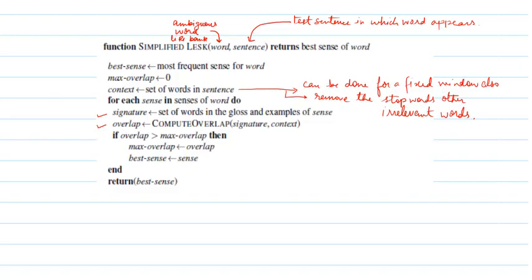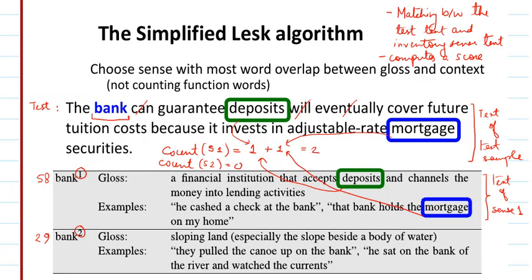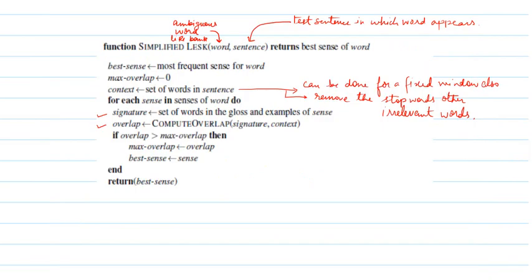So the signature of bank for sense 1 is the set of words in this. And the overlap is actually the count.